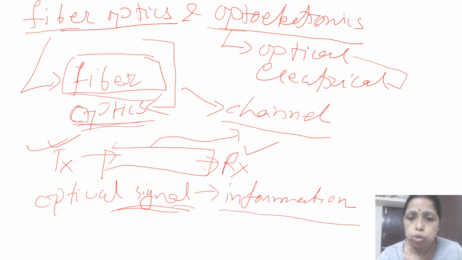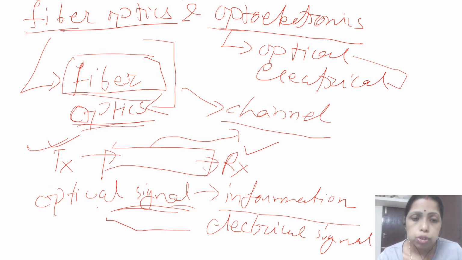Whatever information we normally use in our daily life is related to electrical signals, but based on some requirements we need the optical signal. Based on some applications, and because there are some advantages, we have to use the optical signal. Earlier the electrical signal was used; nowadays the optical signal is used for various applications due to various advantages.